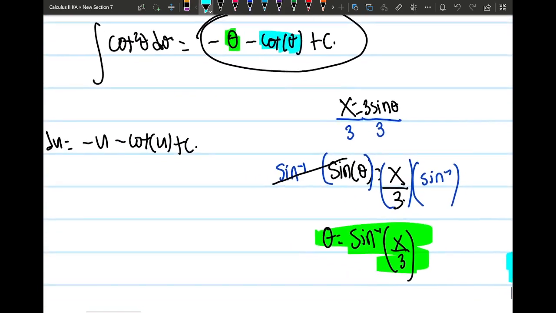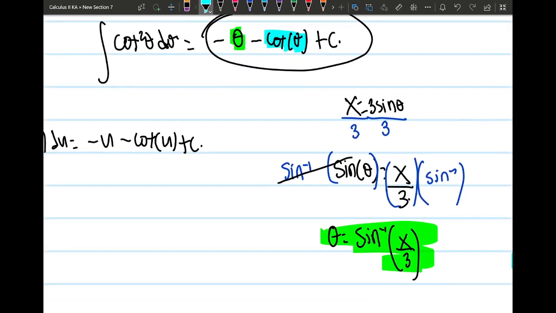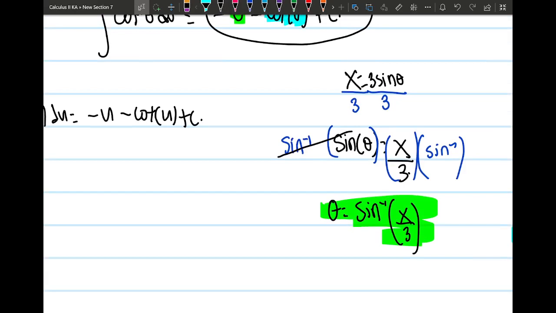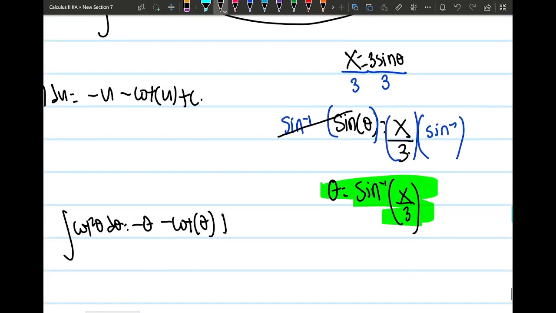So now putting that all together, the integral of cotangent squared theta d theta is equal to negative theta minus cotangent of theta plus c.